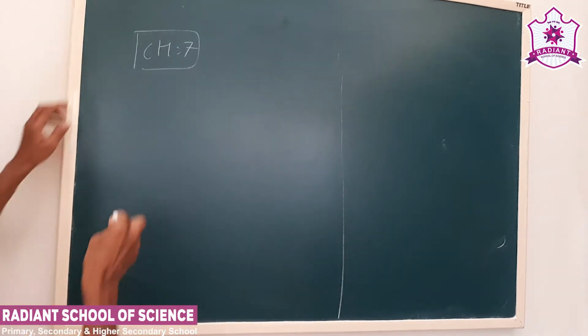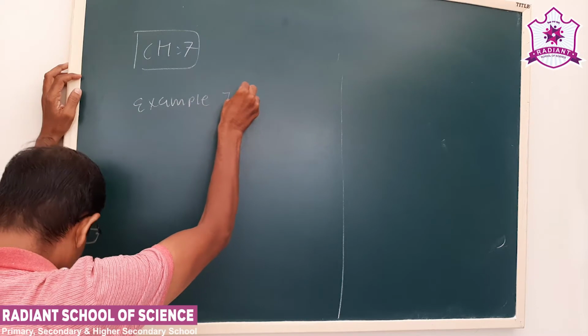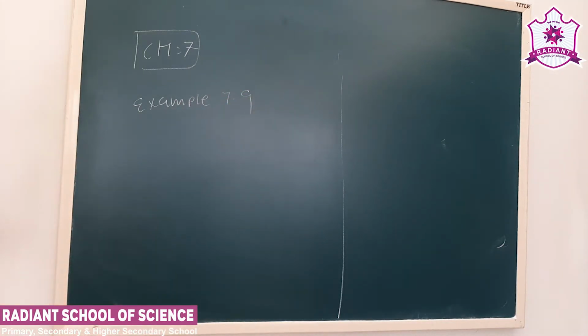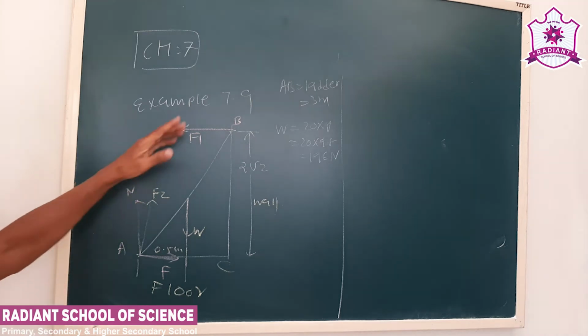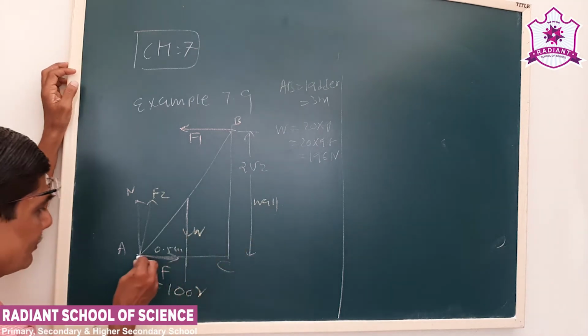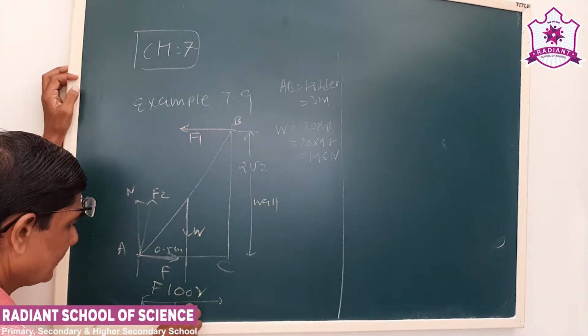Next is example number 7.9. A ladder AB is resting near the wall in such a way that one end is on the floor at a distance of 1 meter.